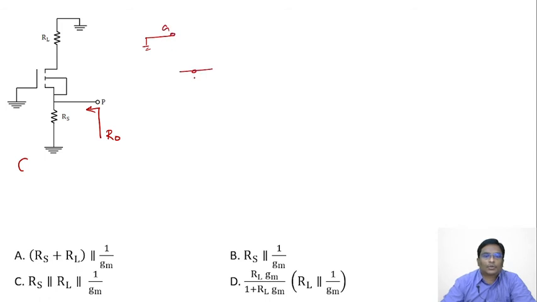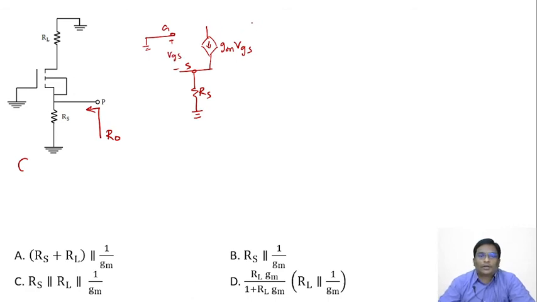You have the source connected to RS here. Next, you have GM into VGS in the small signal model, where VGS is the voltage between gate and source. Channel length modulation is neglected, so there is no R naught resistor, and you have an RL resistor from here to here. Okay, RL.